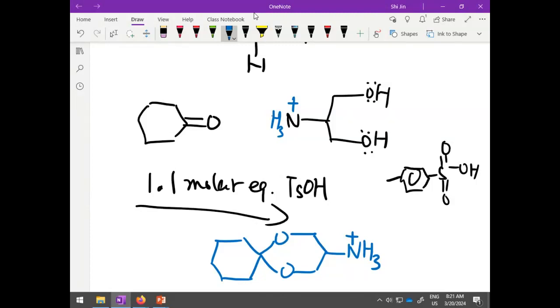Any questions? Yes? So since the nitrogen is fully protonated, the oxygen becomes a nucleophile, right? Yeah. In the absence of the acid, nitrogen is more nucleophilic. It will do its nucleophilic attack faster than oxygen does. But if nitrogen is protonated and deactivated, then oxygen is the only thing left to do nucleophilic attack.